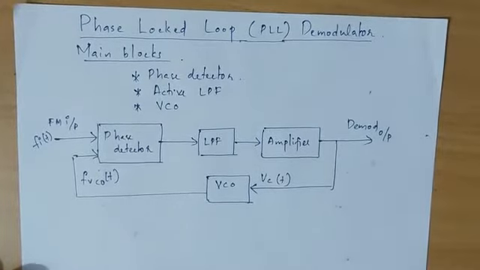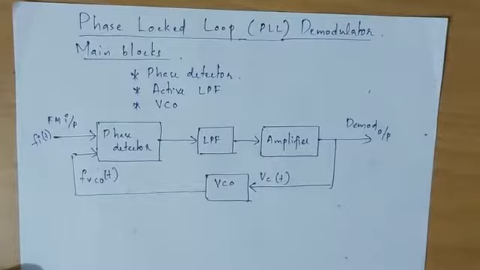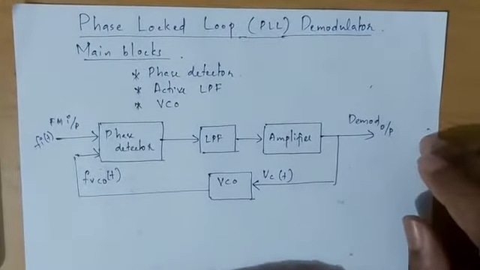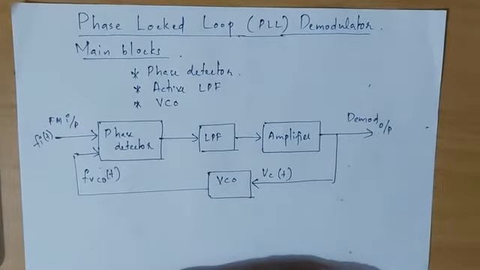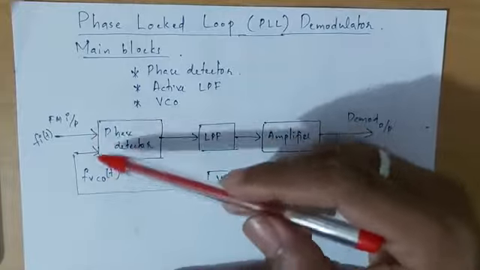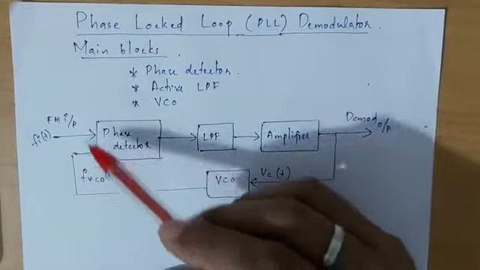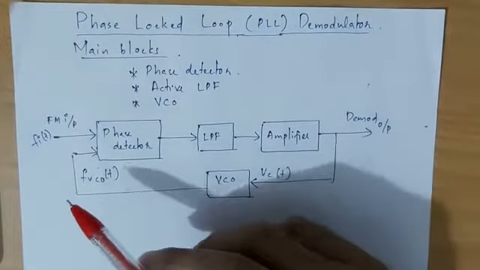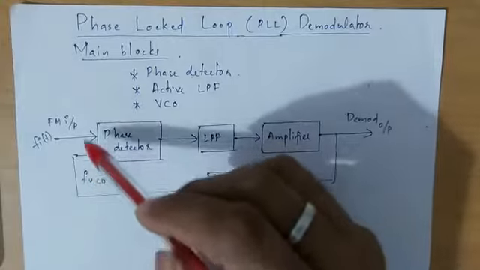Here we have a phase detector, which is basically a balanced modulator, and this balanced modulator produces an output which is proportional to the phase difference between the incoming input signal. Here we have an FM input signal and a feedback signal, and the balanced modulator produces an output proportional to the phase difference between these signals.